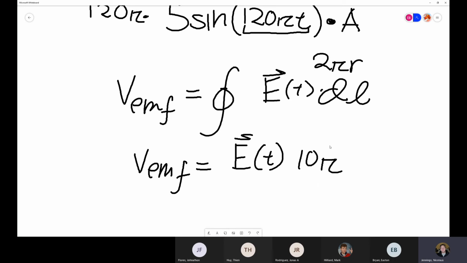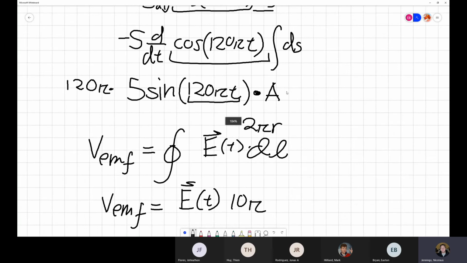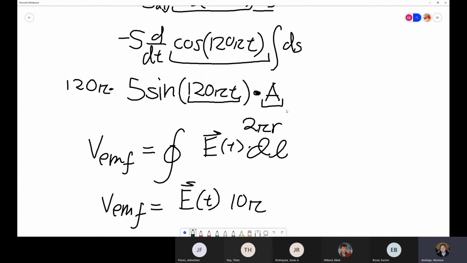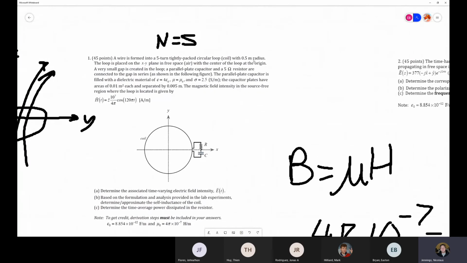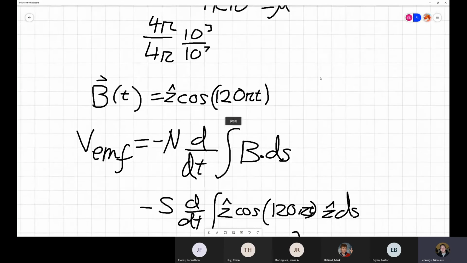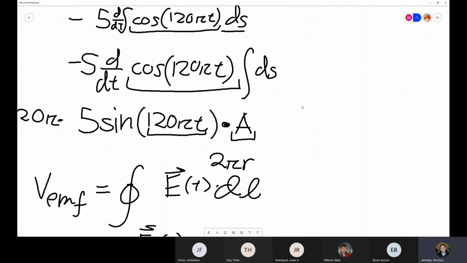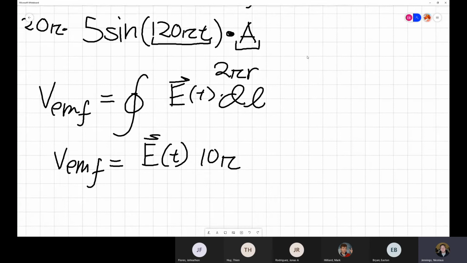Now we'll come back up here and figure out what VEMF actually is. So we'll solve for this term right here. Like I said, it's just the surface area. Are we given the radius? Yeah, we are given the radius right here. We're told it's half a meter. So we do pi r squared for the area.